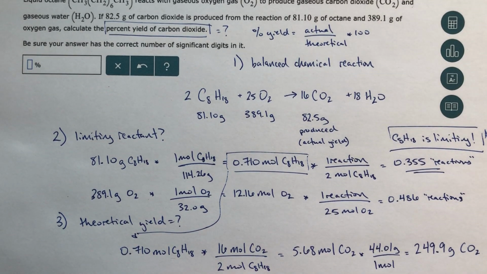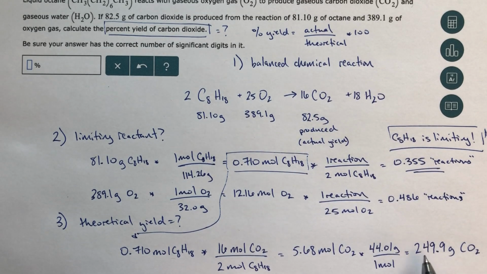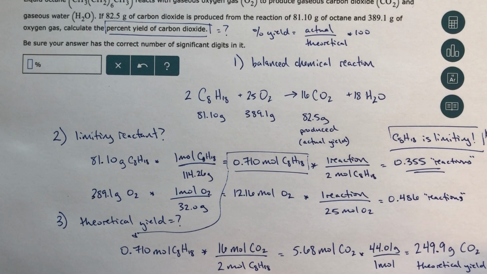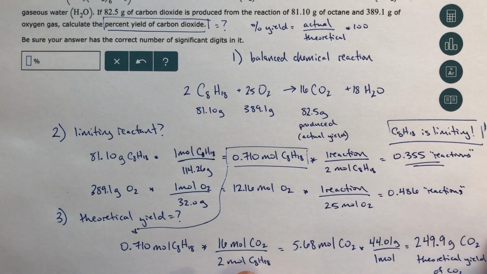So I was just checking my sig figs there. These two numbers here both have 4 sig figs, so my answer for my grams of CO2 should have 4 sig figs. So this is my theoretical yield of CO2, and this 82.5, that's my actual yield.